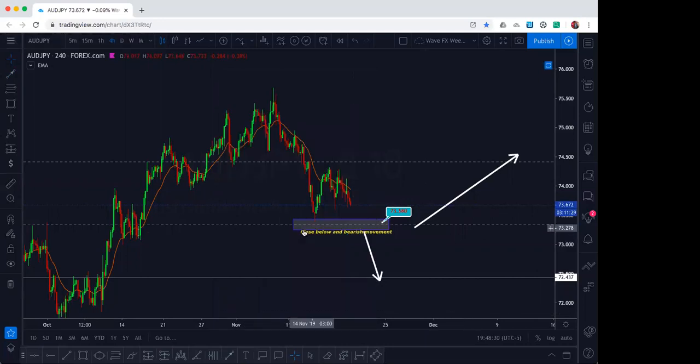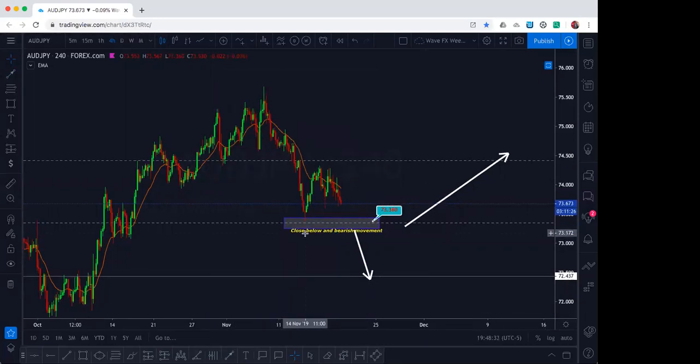All right, so I'm simply documenting this so that we can have a look at it again next week, to see where we are. So a close beneath this level and we're looking for bearish movements. If we get the rejection, we're simply looking for the price to go to the upside. So that's pretty much all I can say for Aussie yen.